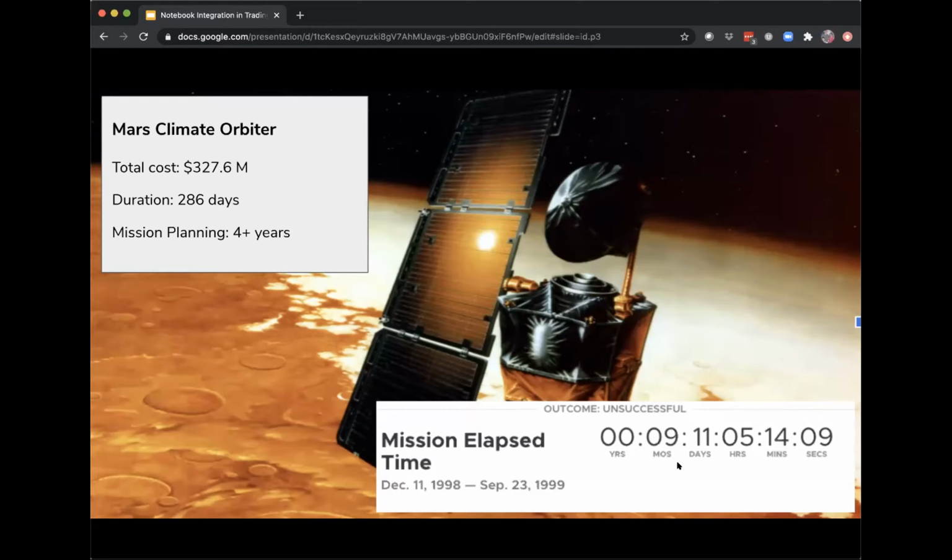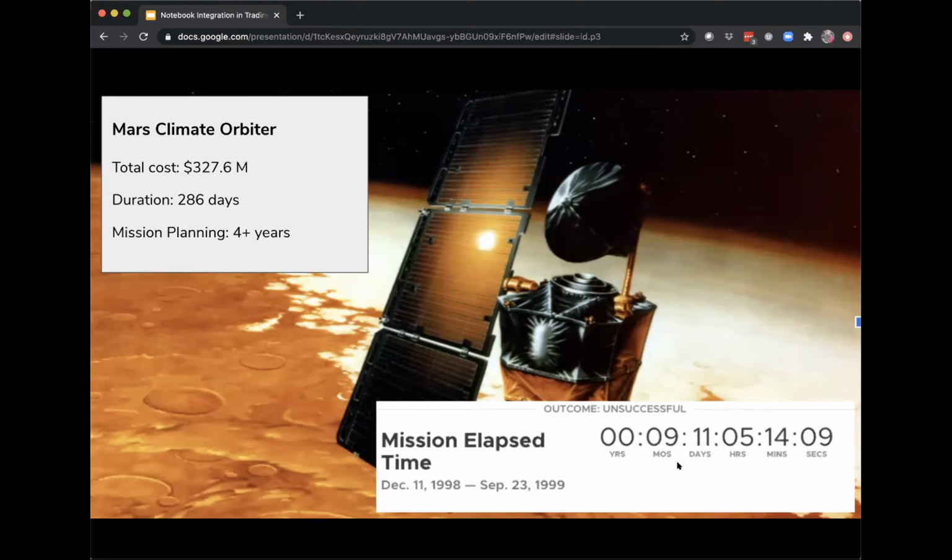On September 23rd of 1999, the orbiter began its insertion into the atmosphere, and just over 4 minutes later, the orbiter passed behind Mars and went out of radio contact. This was 49 seconds earlier than they had planned, and the orbiter never reestablished contact with NASA.